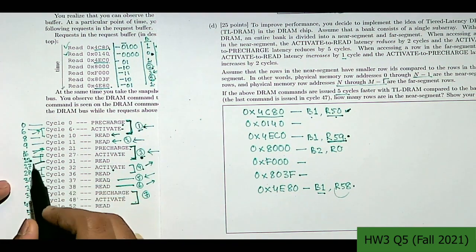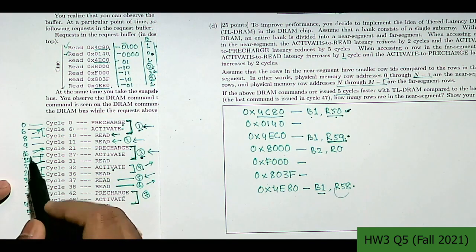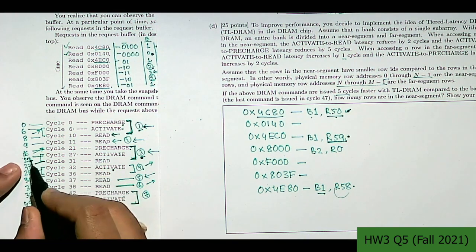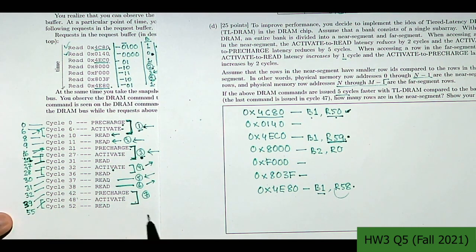This should be 22 plus 17, which is 39. I actually added from 32. Does it make sense? Okay, thank God. So this is 39.